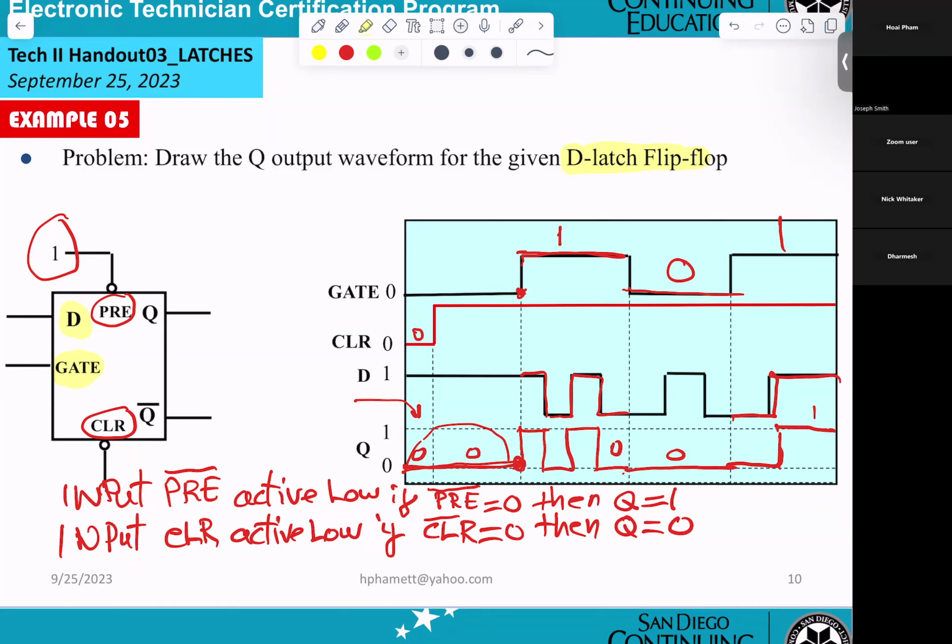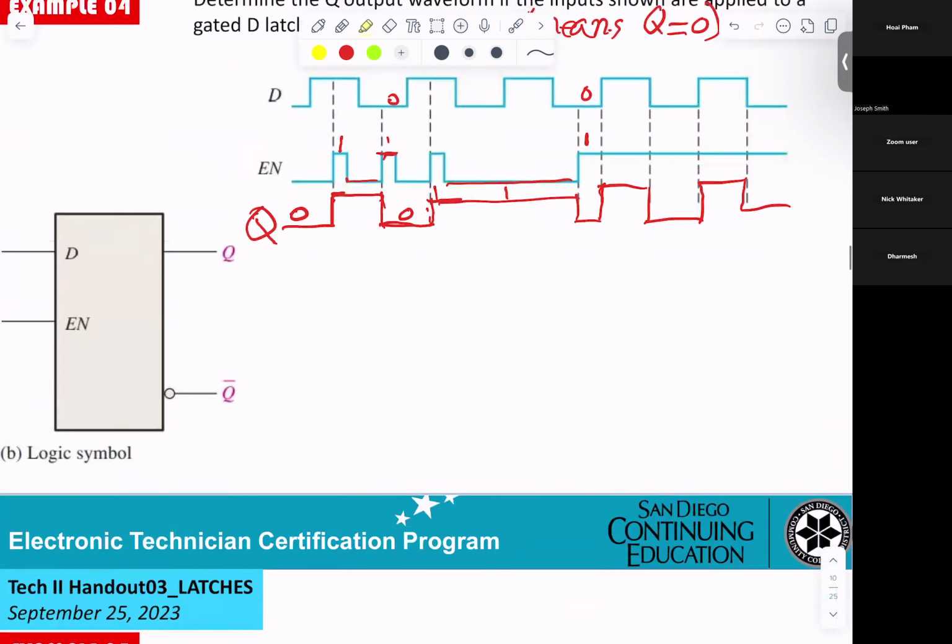If the gate equals 0, then Q cannot equal D. Any flip-flop is also controlled by preset and clear.